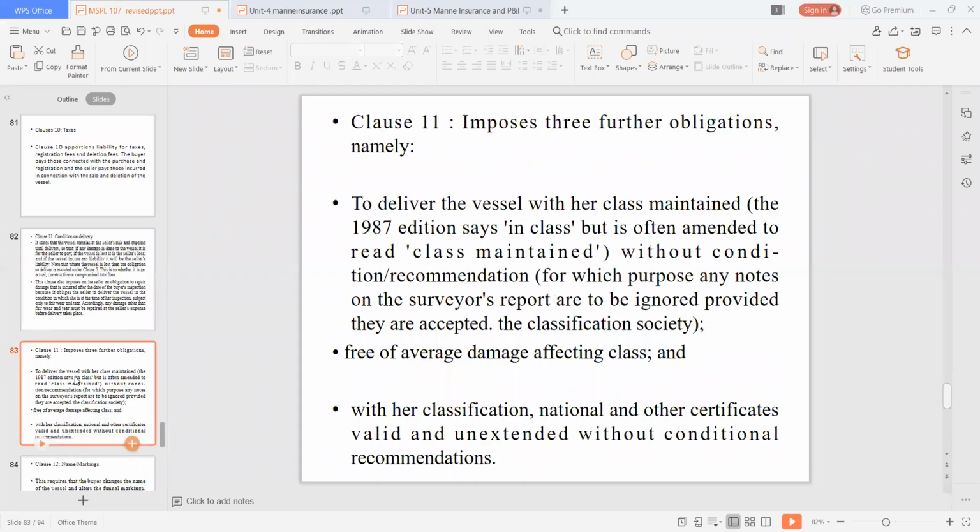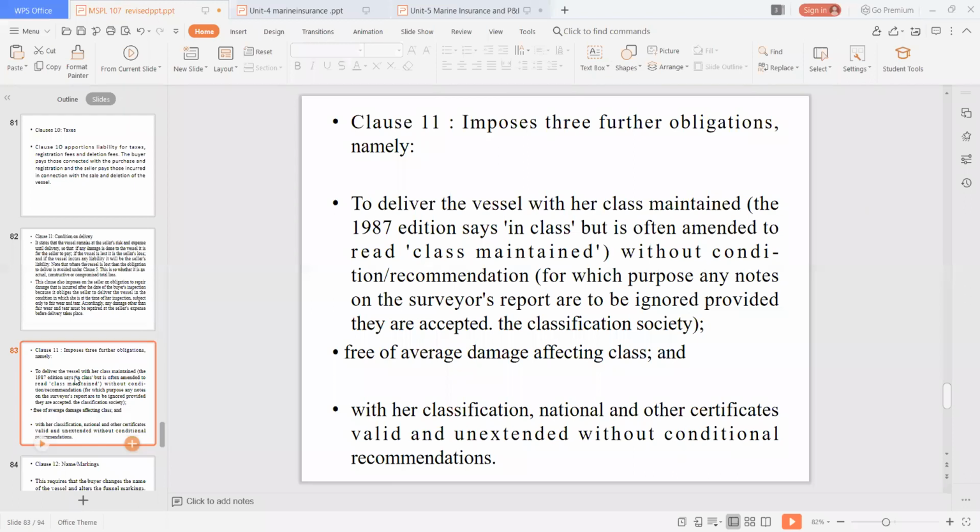Next one, clause 11 imposes 3 further obligations, namely to deliver the vessel with class maintained. The 1987 edition says "in class," but is often amended to read "class maintained." So "in class" is re-amended as class maintained without condition or recommendation, right?